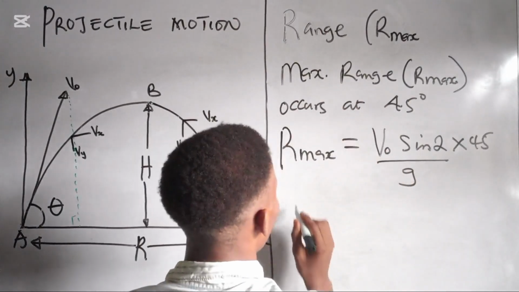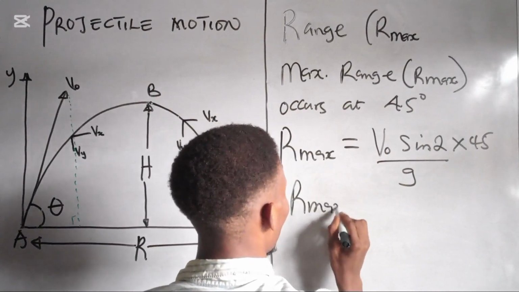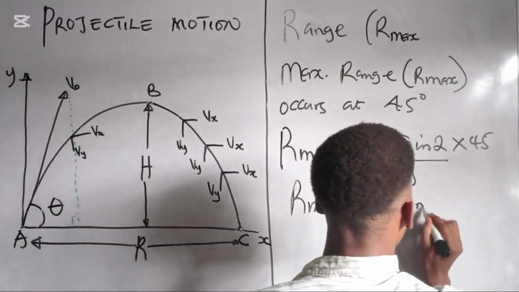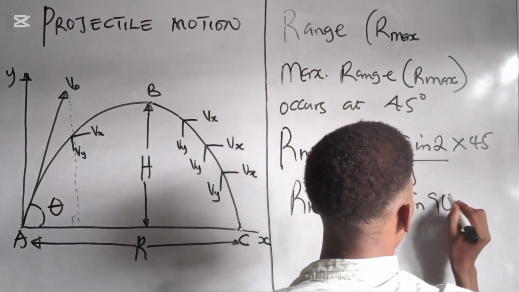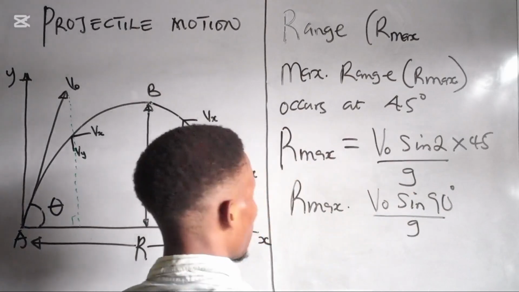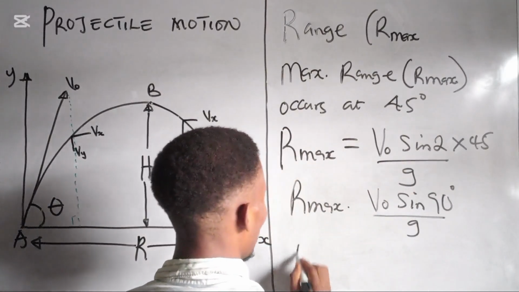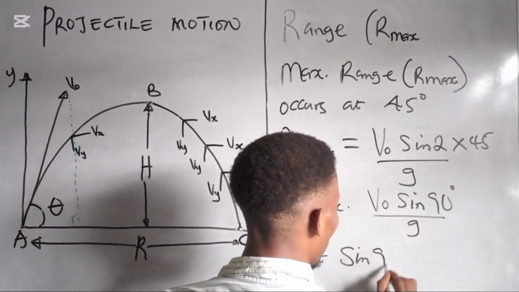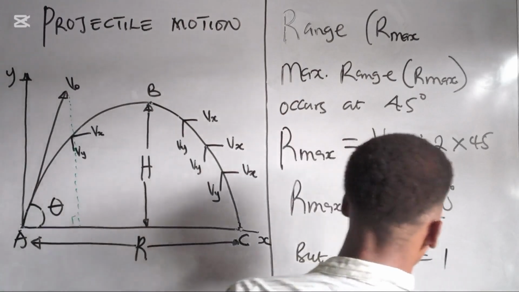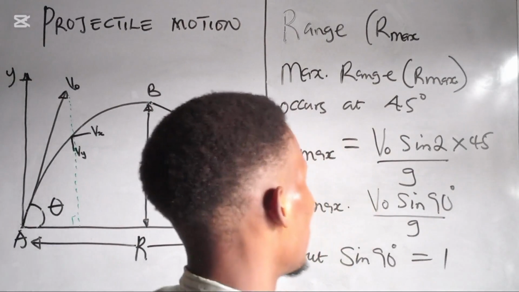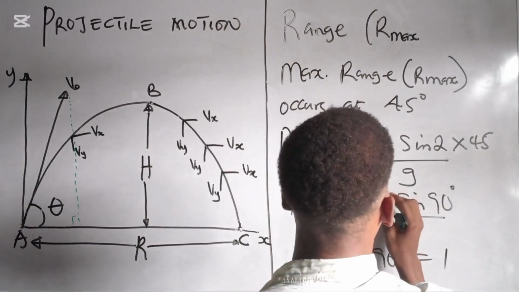It will now be that maximum range is equal to V naught squared, then sine 90 degrees, divided by g. You can recall that sine 90 is equal to 1.